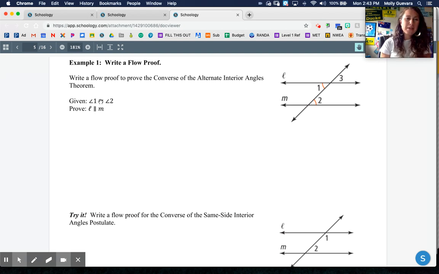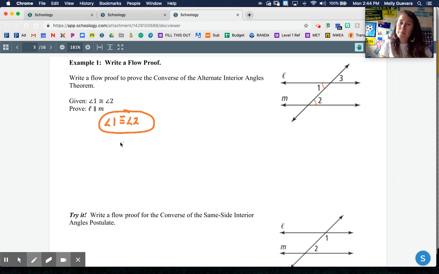So here I'm given that angle 1 and angle 2 are congruent, and it's already drawn in here for me, so that's nice. Okay. And I'm trying to prove that line L is parallel to line M. Okay, so again, I'm going to start with what I'm given. So I'm going to draw a bubble here, and I'm given that angle 1 is congruent to angle 2.